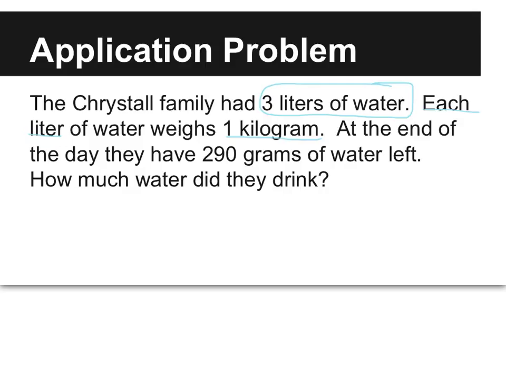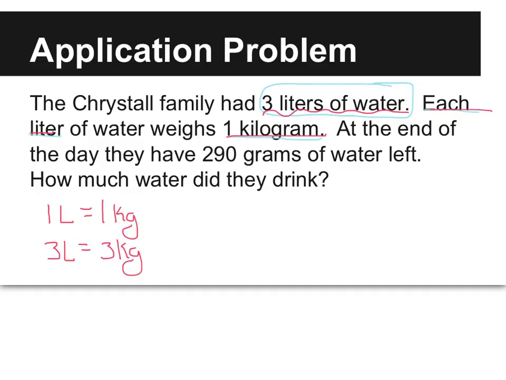So again, we learned that each liter weighs 1 kilogram. So I can say 1 liter. For liters, we always use a capital L. 1 liter equals 1 kilogram, 1 kg in weight. So we know that the Crystal family has 3 liters. So I can use what I know from above. 1 liter is 1 kg. 3 liters must be 3 kgs, 3 kilograms.